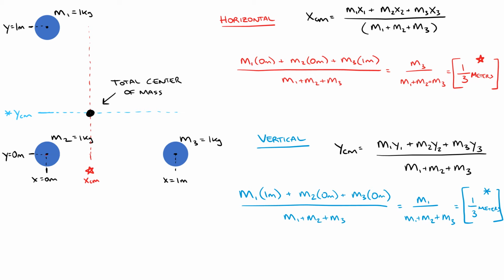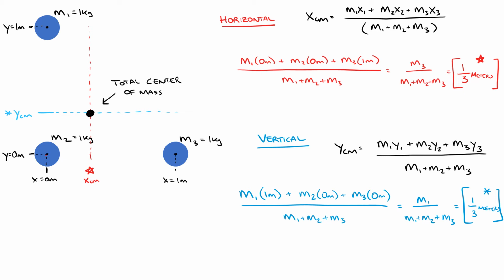I need to define what that distance is. So let's say this is 1 meter away in that direction. Let's say this is 1 meter away going up.